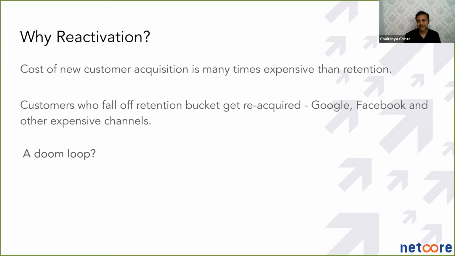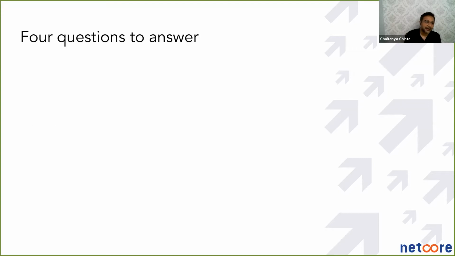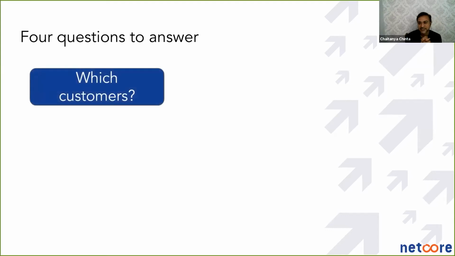And how do we identify the customers, and how do we get them back into the system? There are 4 questions to answer when we talk about any reactivation program, right? The first is which customers. Which customers are turning inactive? How do we identify them?